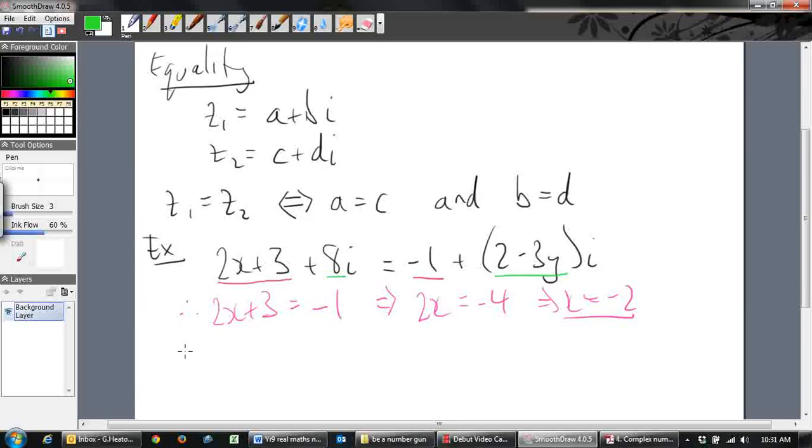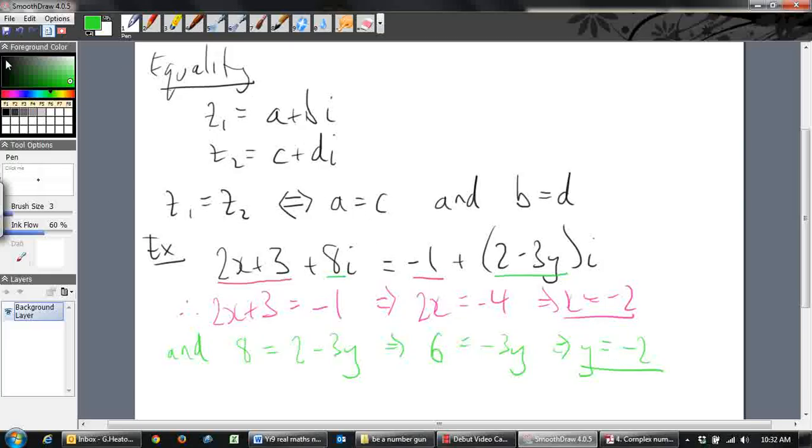Let's go back and do the imaginary parts. On this side we have 8, which must be equal to the imaginary part on the other side, so that's 2 - 3y. Therefore, 6 is equal to -3y. Therefore, y is equal to -2. So there you go.